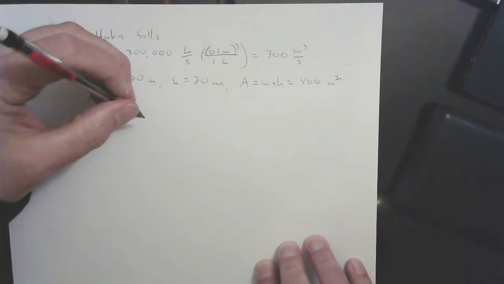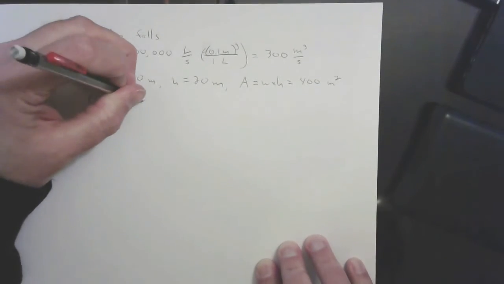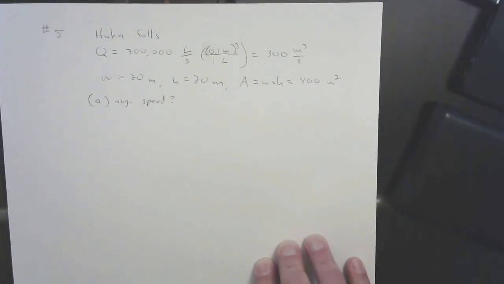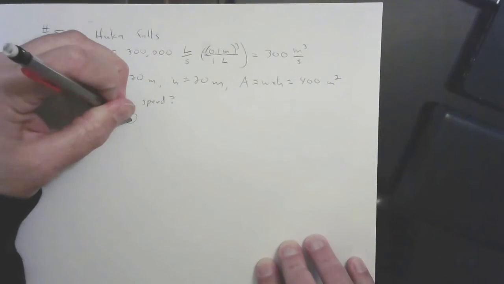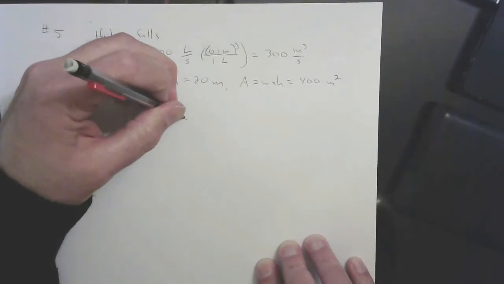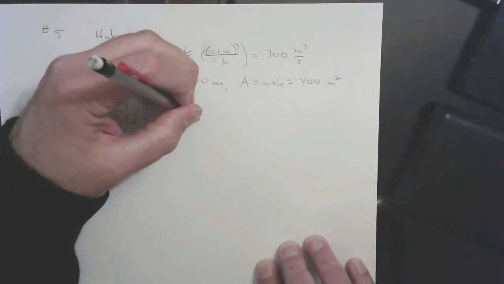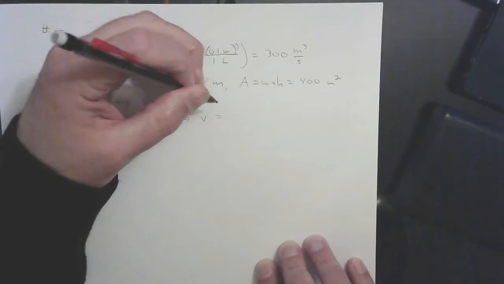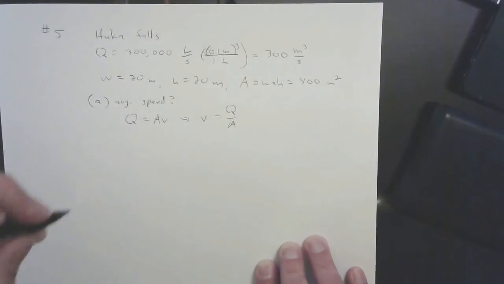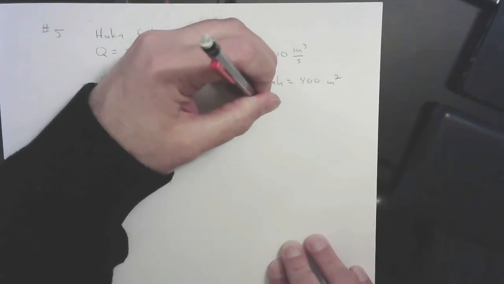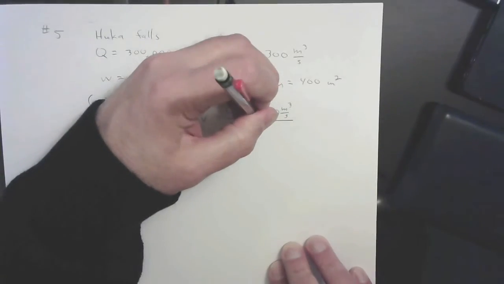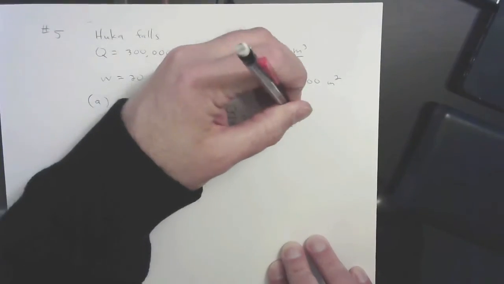Question A, what's the average speed? For that, we need our flow formula. Flow is equal to area times velocity, so we divide both sides by A to get velocity is Q over A. That's 300 cubic meters per second over an area of 400 square meters.